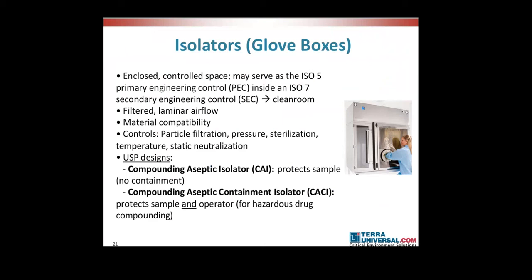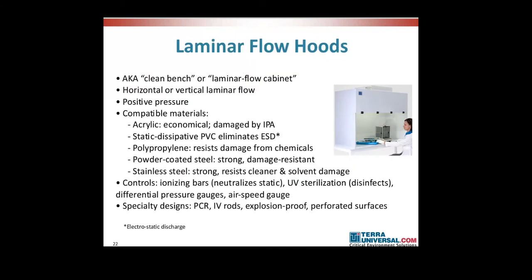Because of that, FDA inspectors would rather see an ISO 5 glove box than an ISO 5 laminar flow hood. But you may use an ISO 5 laminar flow hood for compounding of non-hazardous CSPs. Now, a laminar flow cabinet maintains the same ISO 5 conditions within the work area, but the air is passing the operator as it leaves the hood. So it's not appropriate for compounding of hazardous CSPs.